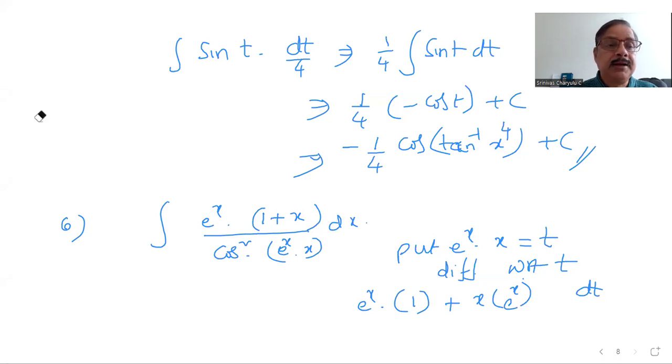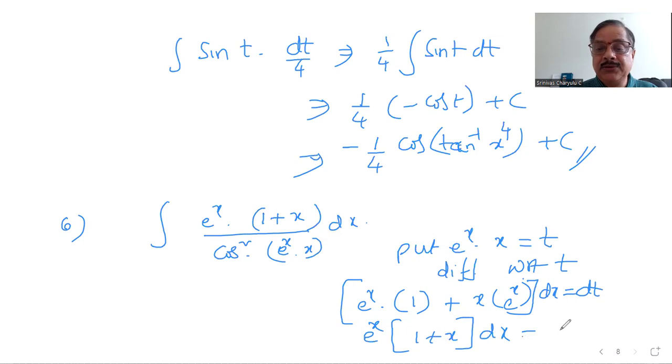So put the bracket, take out e to the power of x common. 1 plus x dx is equal to dt. Okay, now you saw here e to the power of x 1 plus x dx is there, which has become dt. Cos square t will come here.